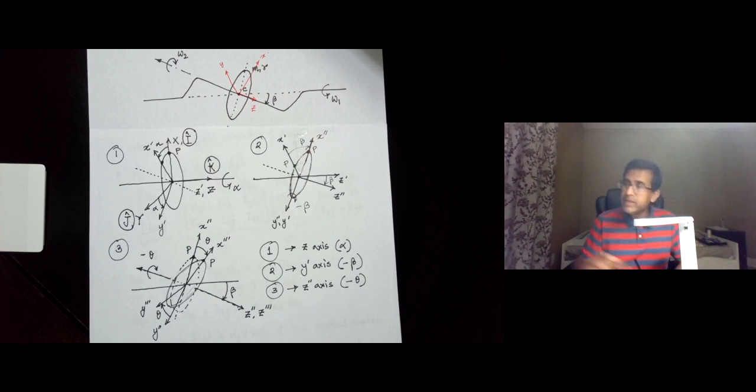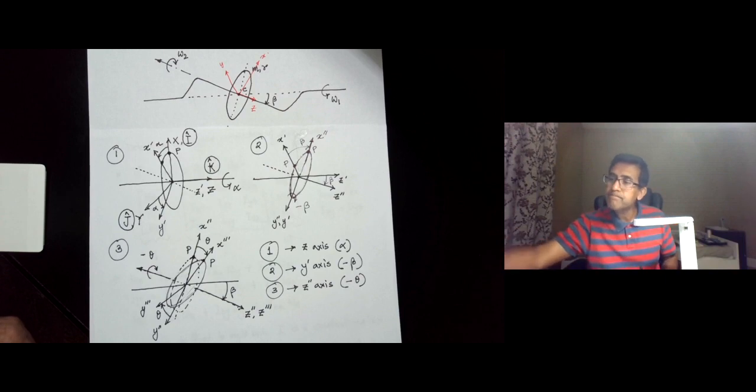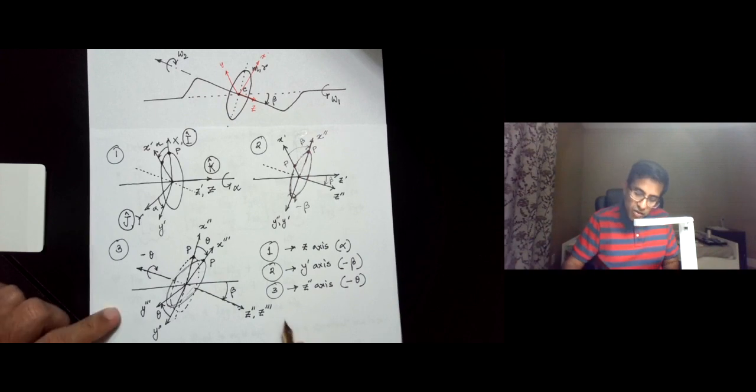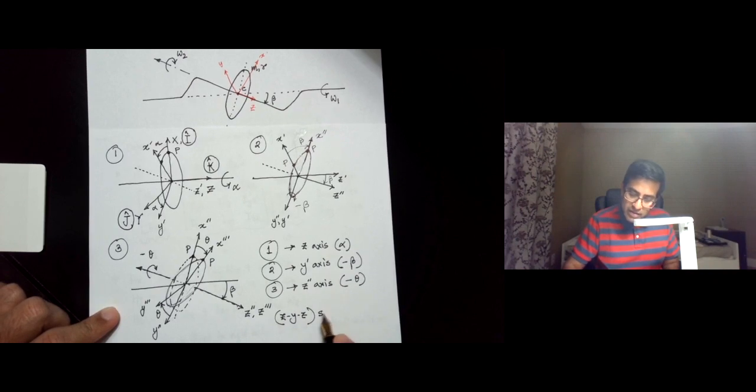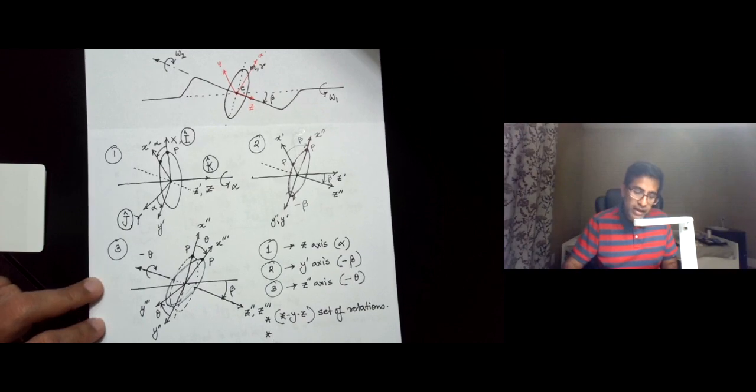Okay, so this is basically called a ZYZ set of rotations, and it is one way to define Euler angles. And here our Euler angles are alpha, beta, theta. You can also call them orientation angles.